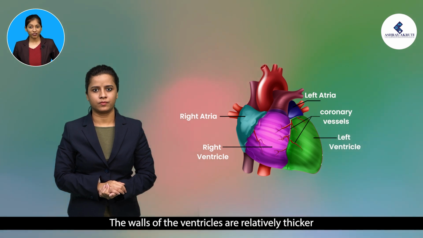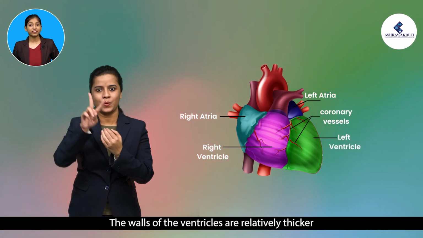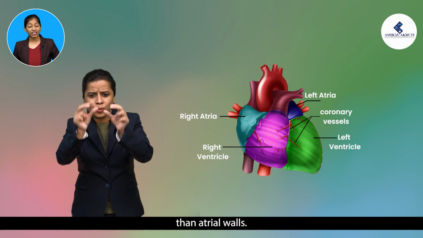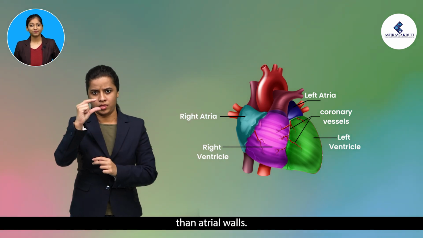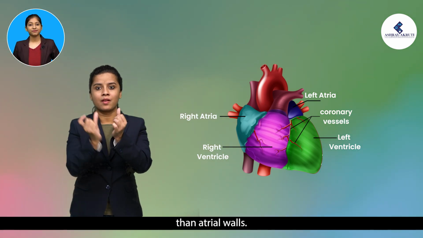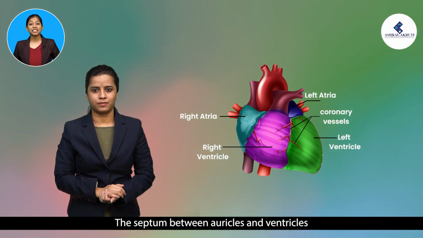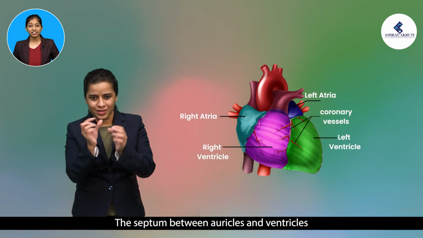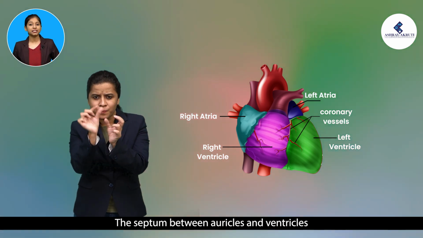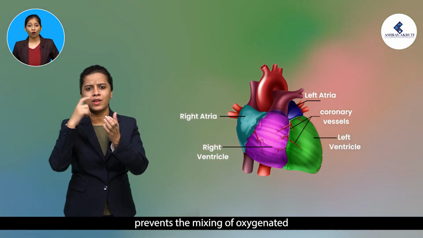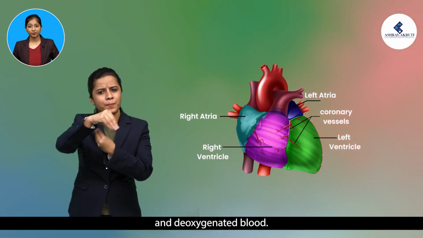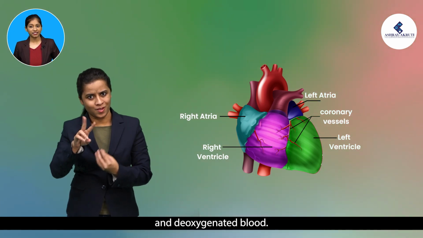The walls of the ventricles are relatively thicker than atrial walls. The septum between auricles and ventricles prevents the mixing of oxygenated and deoxygenated blood.